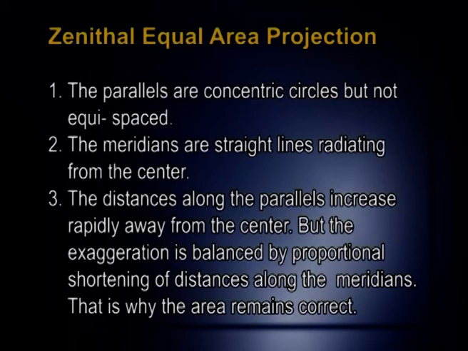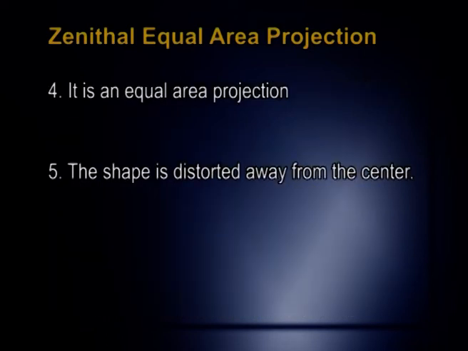That is why the areas remain correct. Number 4, it is an equal area projection. Number 5, the shape is distorted away from the center. Use. The projection is suitable for polar areas. It can be used for the hemisphere also.